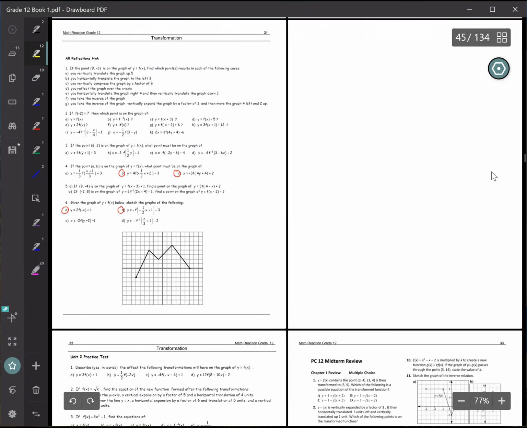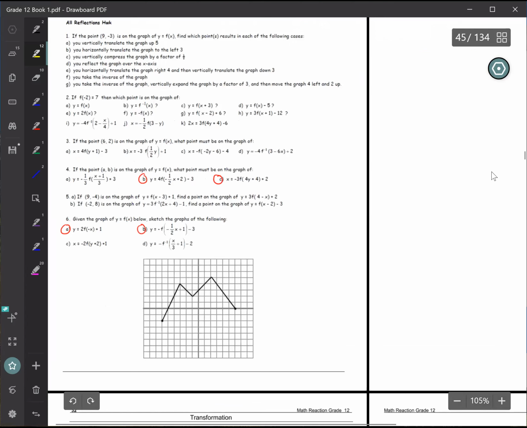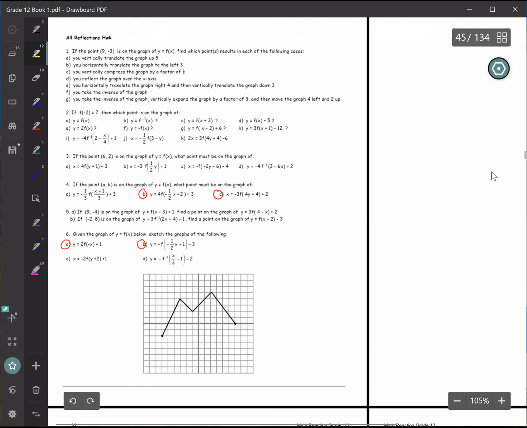All right, so let's look at page 31. Okay, page 31 for BC. So it's actually the same as what we did just now, right? Except instead of 6 and 2, they use AB.